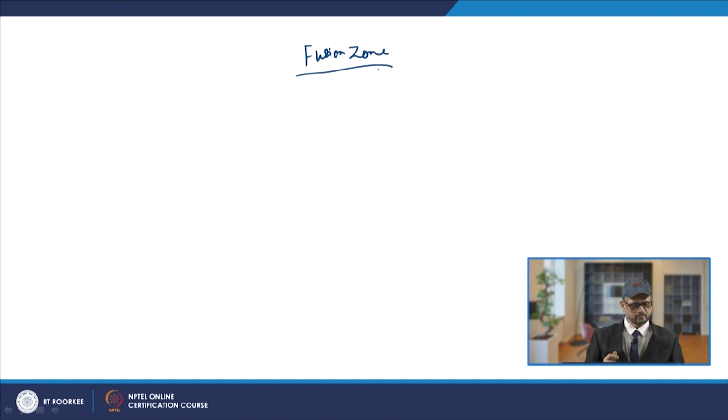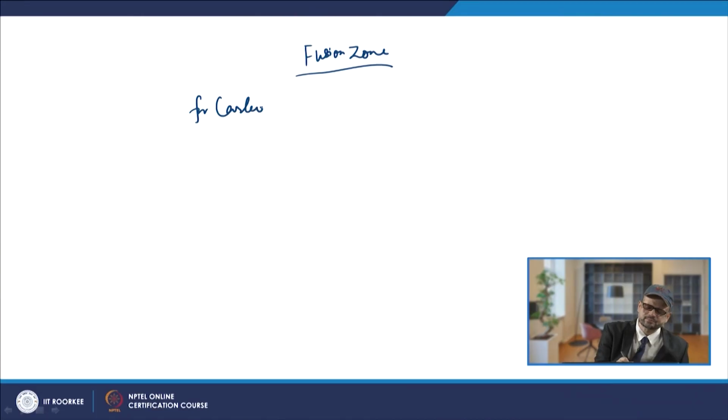Now, you will come across many terms, like fusion line many a times, and also fusion boundary, but this is normally a zone in which the fusion takes place. On one side of the fusion zone you have the weld metal zone, and on the other side you have the heat affected zone.